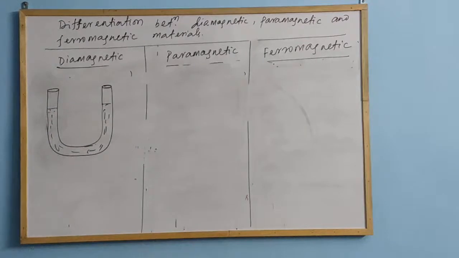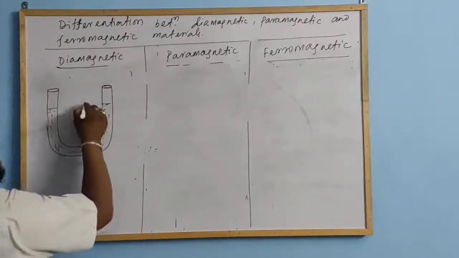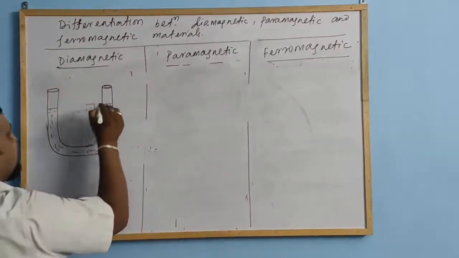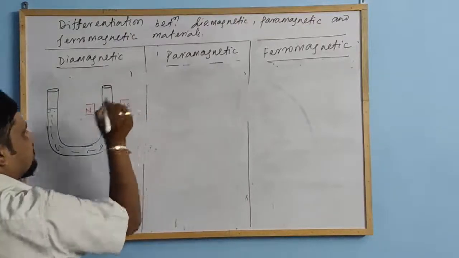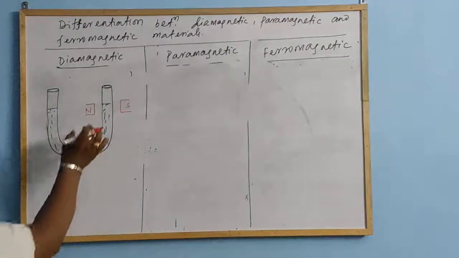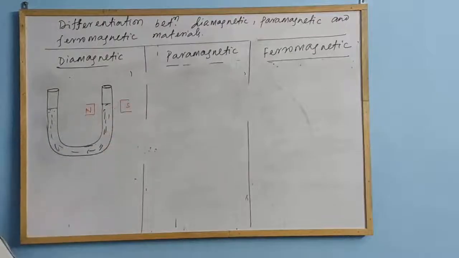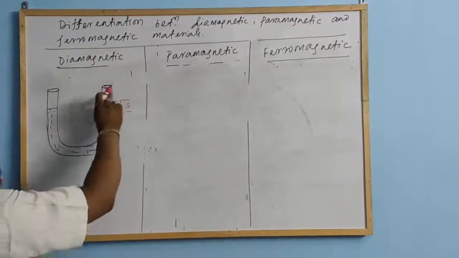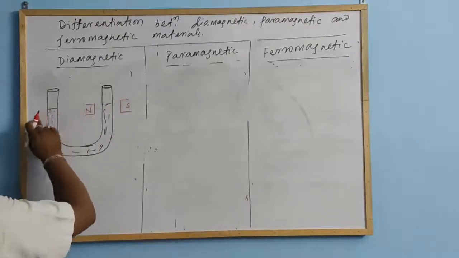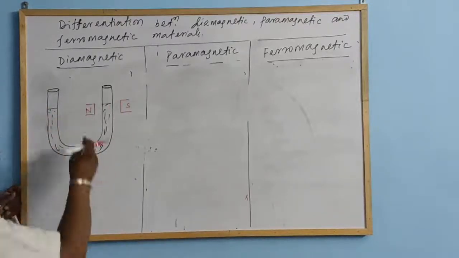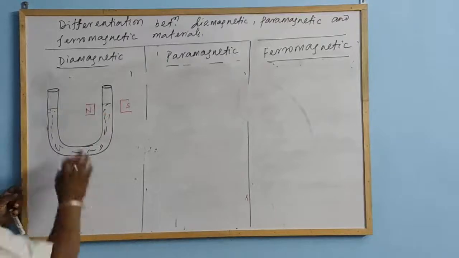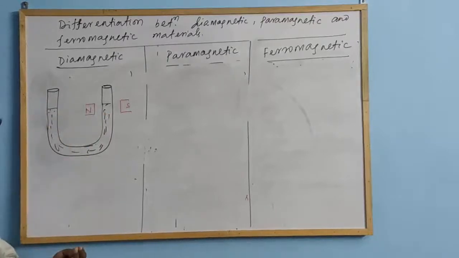But if I take a magnetic field like this, north and south, one of the limbs is in between a magnetic field, but this is not in a magnetic field. Means the field is stronger in this limb, weaker in this limb. So what happens here?